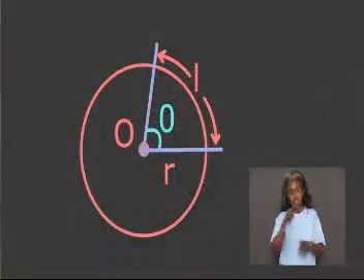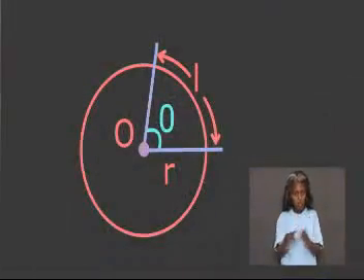Now that we know some of the properties of arcs and angles, we can use these rules to calculate arc lengths, perimeters, and areas of segments and sectors. Are you ready to learn the formulas, students?